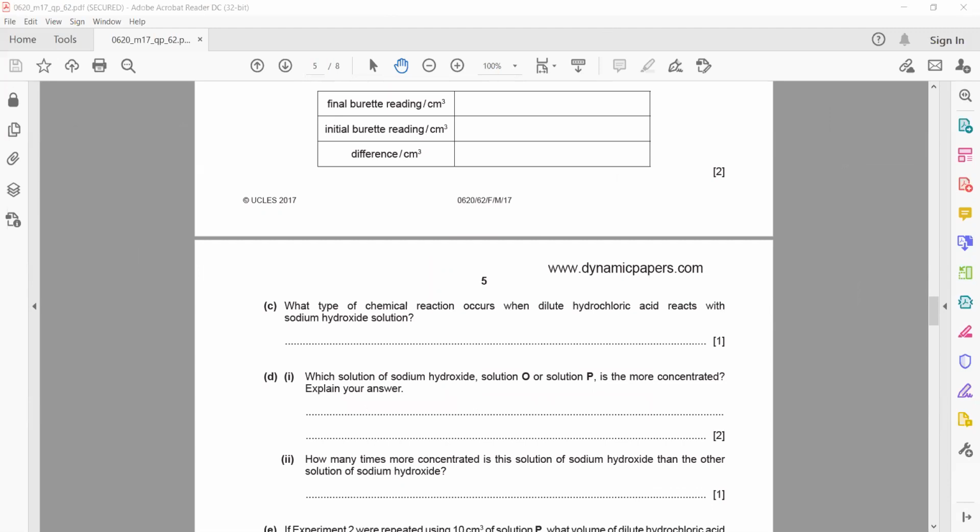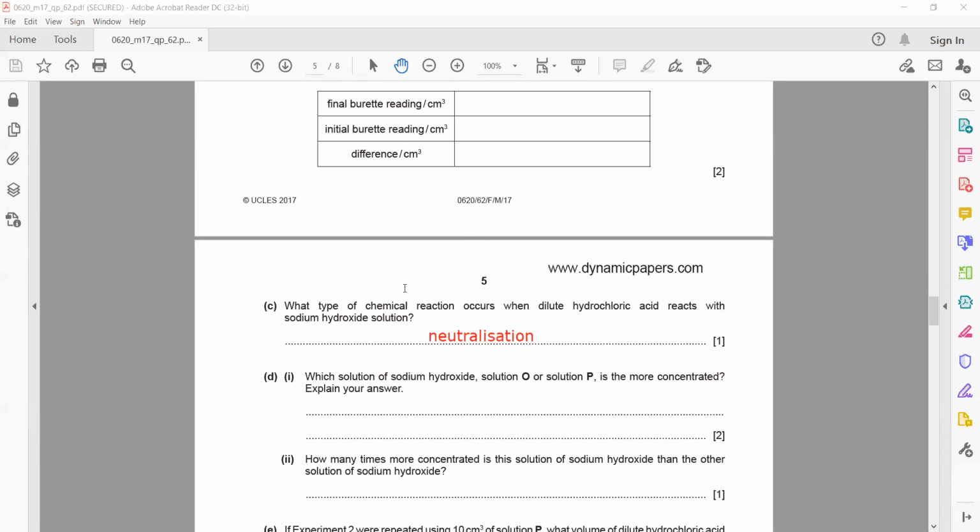You can write: which solution of sodium hydroxide is more concentrated, and explain your answer. So which solution is more concentrated? Solution O is more concentrated because it needs a greater amount of HCl for complete reaction.